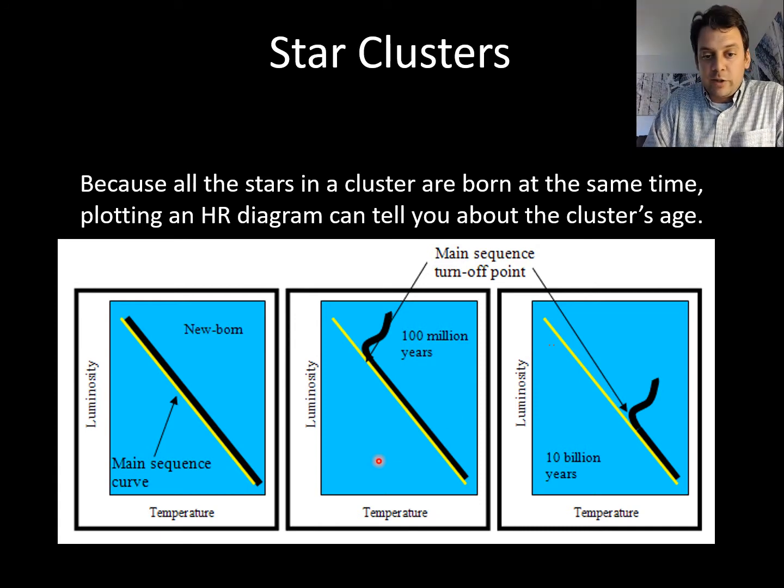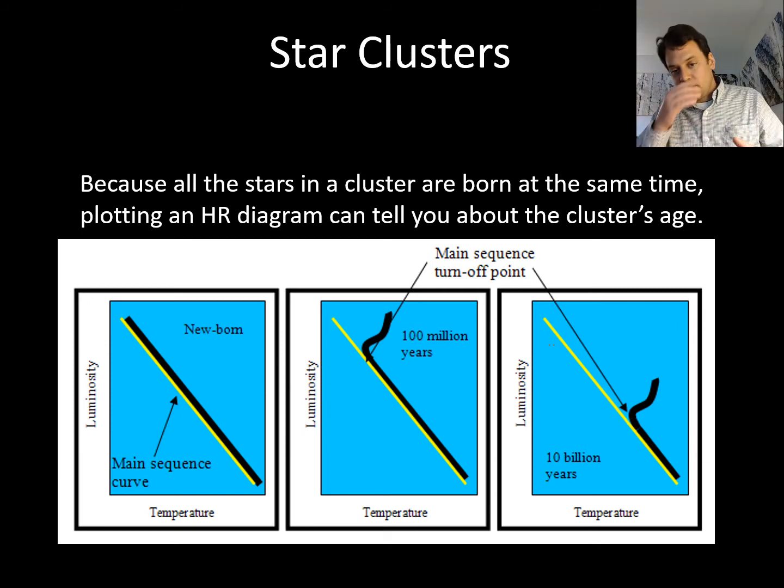Whereas in the early going, only the very hottest, most luminous stars will have left the main sequence because they burn faster, they burn hotter, and they exhaust their hydrogen fuel more quickly. After 10 billion years, you've gotten to the point where even plain vanilla stars like the Sun, a G-class star, will have left the main sequence.